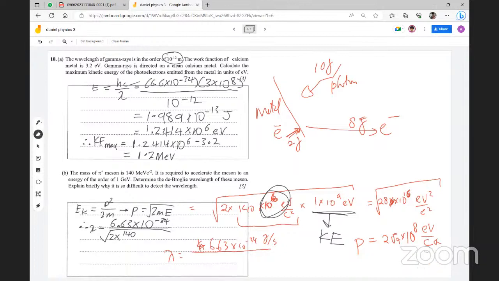Furthermore, I have to change the eV back to joule somewhere. So I have to care about the c, and I have to care about the eV changing to joule, right?